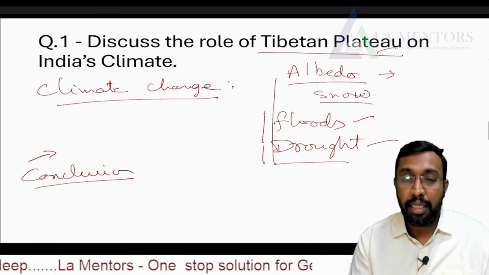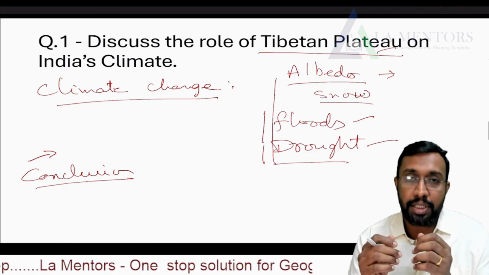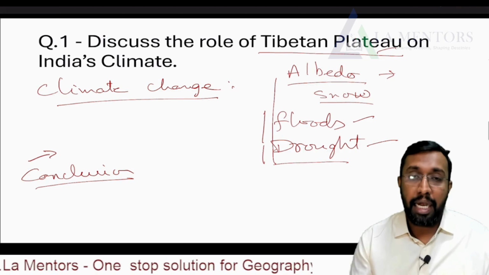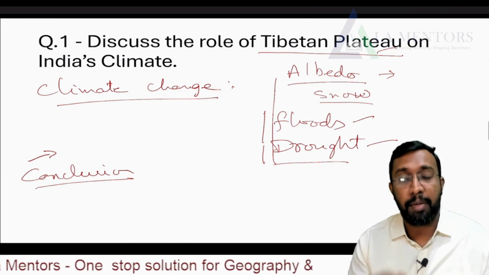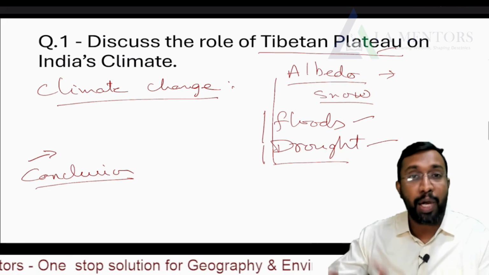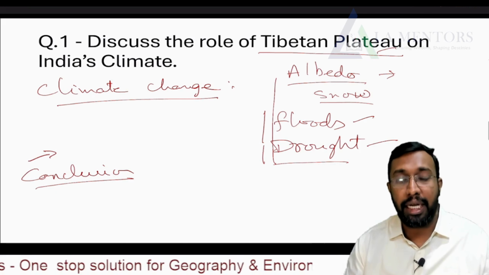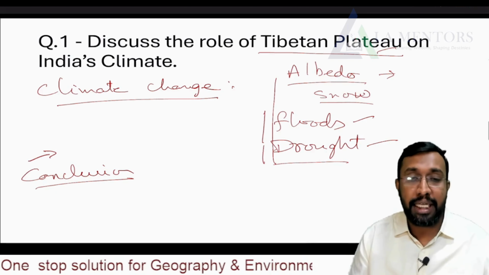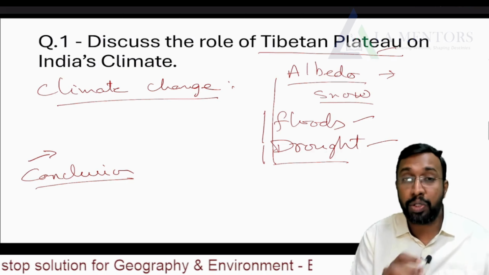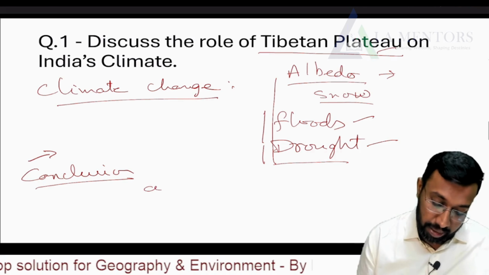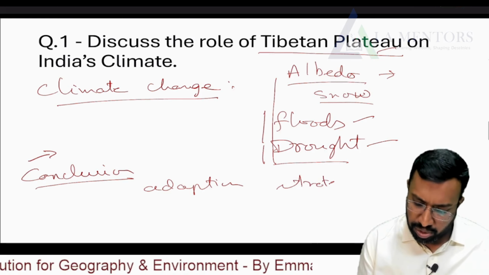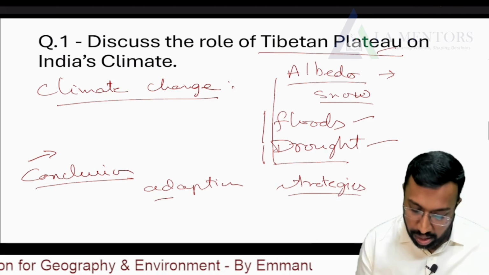You should say that this understanding of the role of the Tibetan Plateau on Indian climate helps you to predict and reduce the adversities across your Indian subcontinent due to the changes in the recent past, specifically during the climatic changes, and also helps in creating a good amount of adaptation strategies, because you are given a choice to discuss, right?